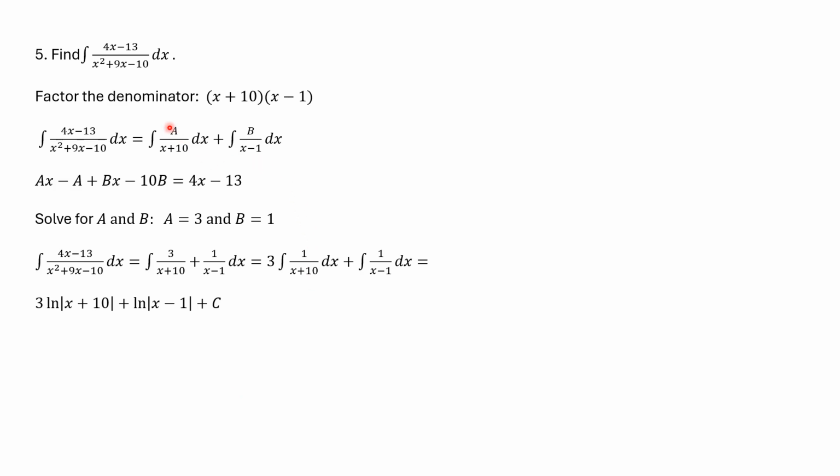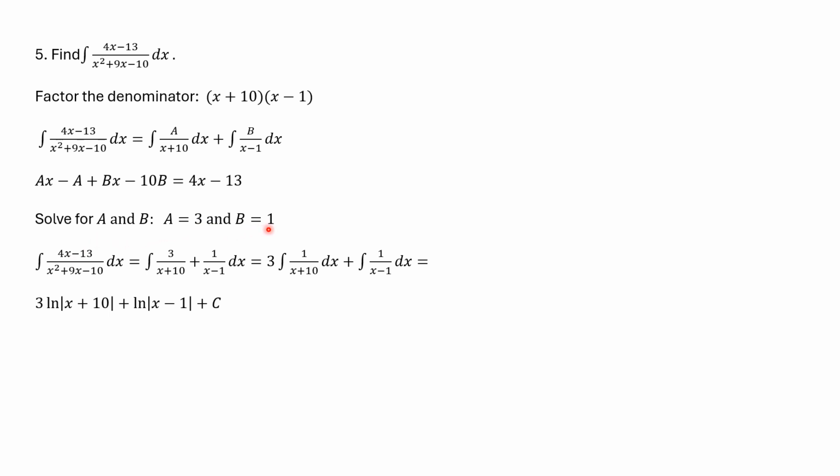Find the integral of 4x minus 13 over x squared plus 9x minus 10. Here we're going to factor x plus 10 times x minus 1. And so we're going to get an integral of a over x plus 10 dx plus the integral of b over x minus 1 dx.